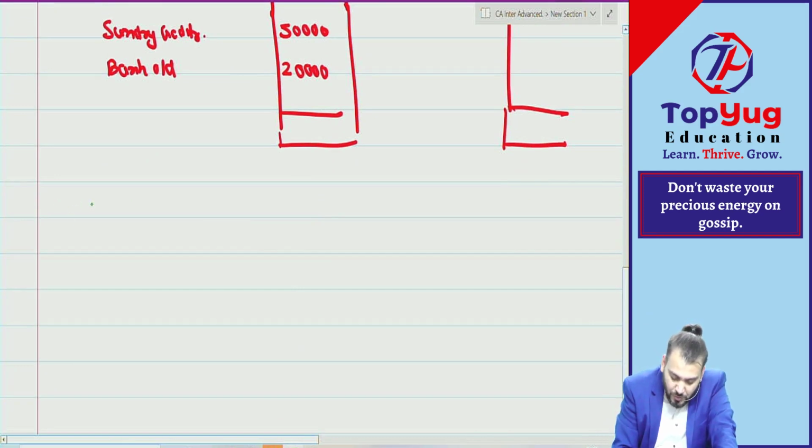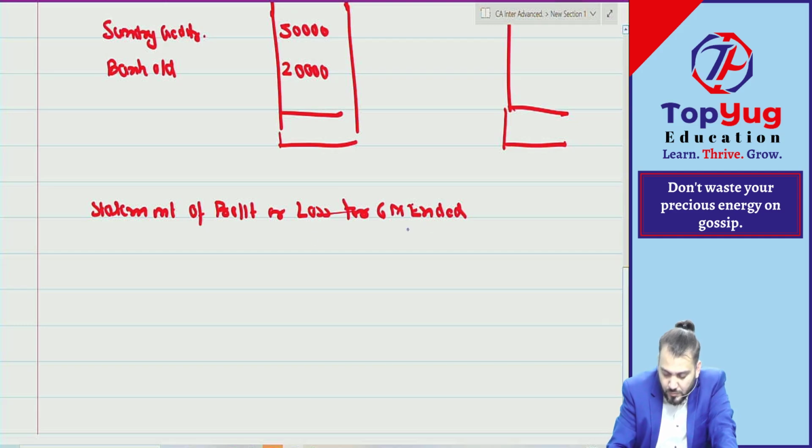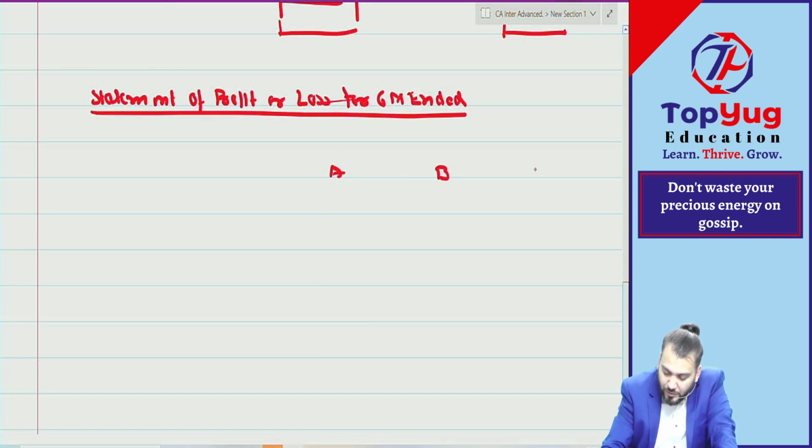Statement of profit or loss for 6 months ended. Now, it is A, B and total.